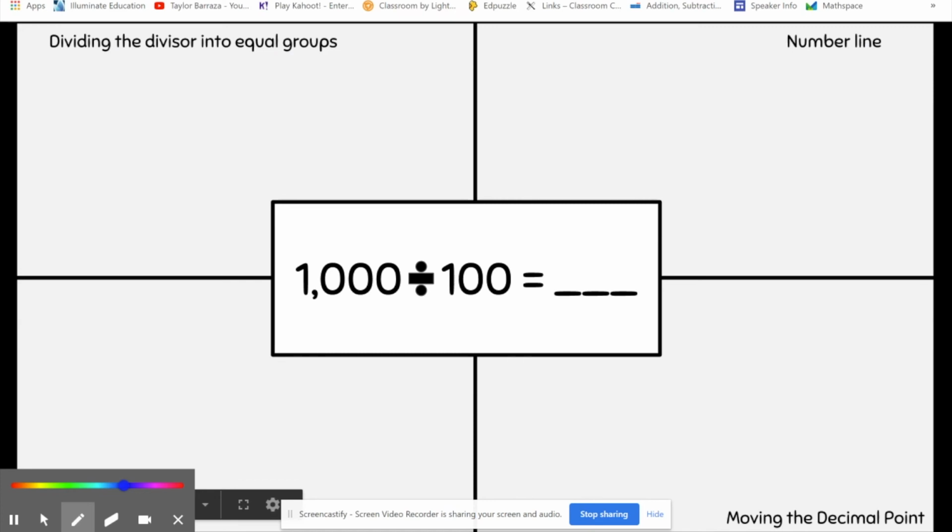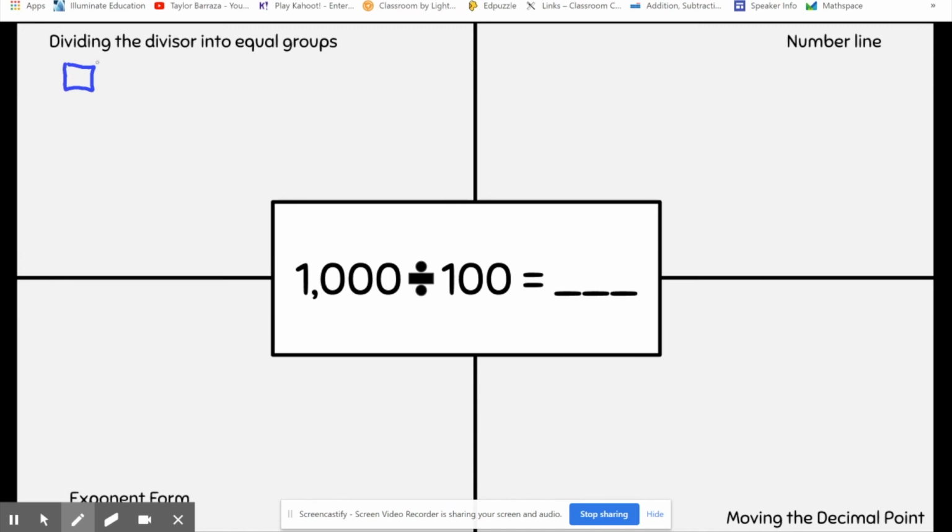Our next problem is 1000 divided by 100. I'm going to draw the divisor using base 10 blocks. The 1000 cube is the bigger 3D cube. Since it's hard to show dividing that 3D cube, I'm going to show what it breaks down as. Thankfully, from my experience with the 1000 cube, I know that it contains 10 hundreds blocks. So I'm going to draw 10 hundreds blocks.